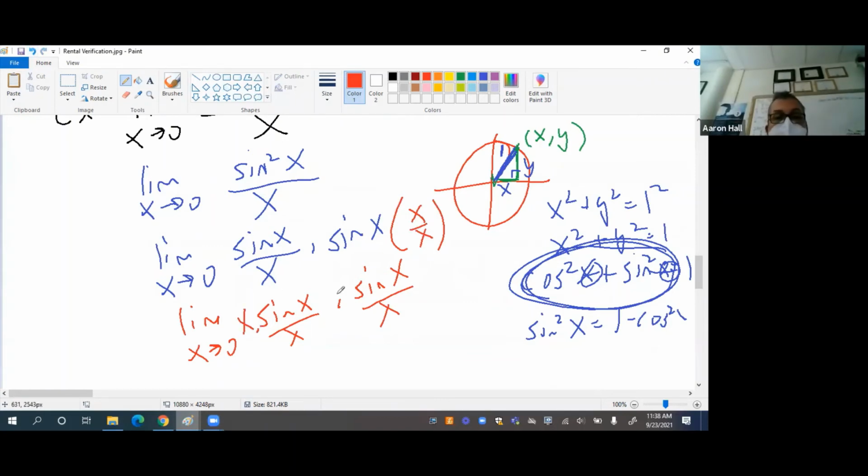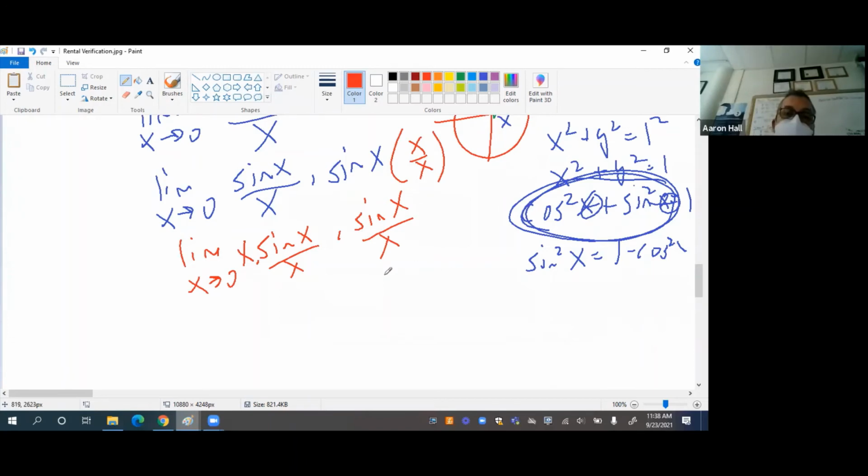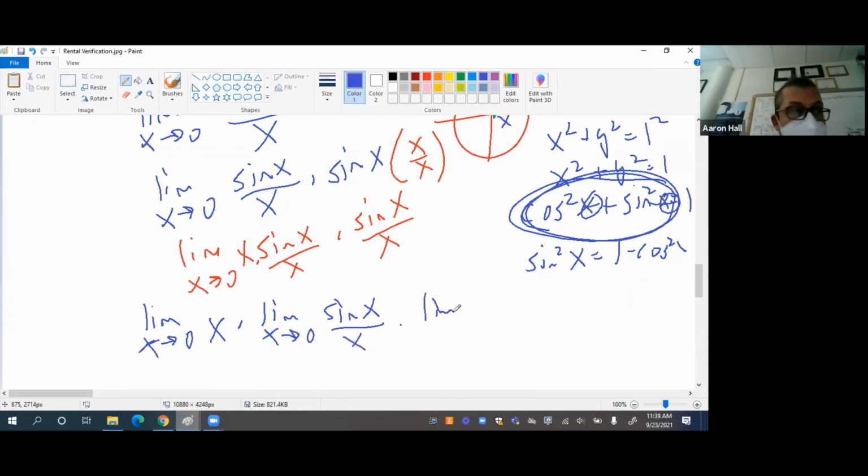There we go. We have another property: if we have a function times a function times a function, we can separate all of them. So that gives us the limit as x approaches 0 of x times the limit as x approaches 0 of sine of x over x times the limit as x approaches 0 of sine of x over x. Does that look right to you? Keep me honest.